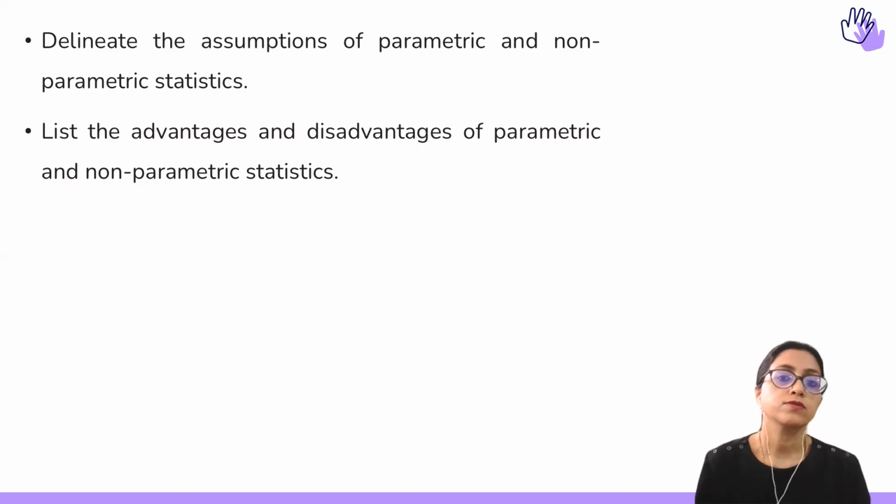We'll also study some of the tests which are used in parametric and non-parametric statistics. However, you should note that we will not go into the details of those tests. For the time being, you should just know which tests are to be used, and we'll study each of the tests, if it is there in your syllabus, in the appropriate units.